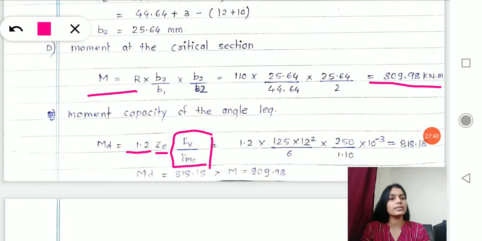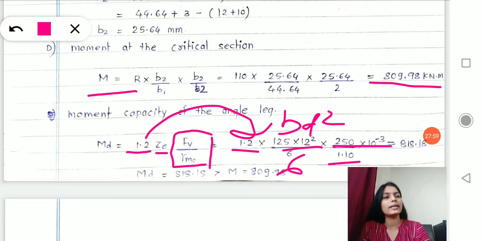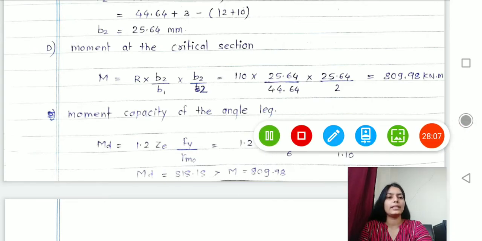It is the elastic section modulus, and the value for a rectangular section will be BD square by 6, right? 1.2 is a numerical value, and Fy is divided by gamma m naught. Put all the values and calculate the design moment at that section.